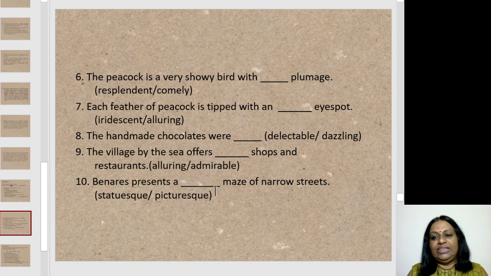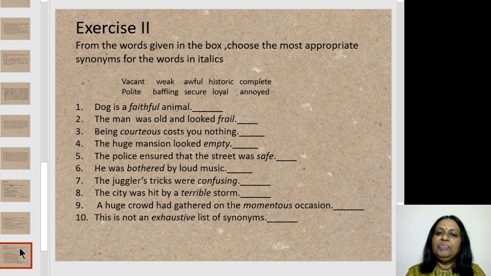So Banaras with its narrow streets would be picturesque rather than statuesque. So do you see, it's very easy to pick up the wrong word, but when you put it in context and try it out, and you try to imagine, also use your creativity and imagination, you will be able to make the right choice.